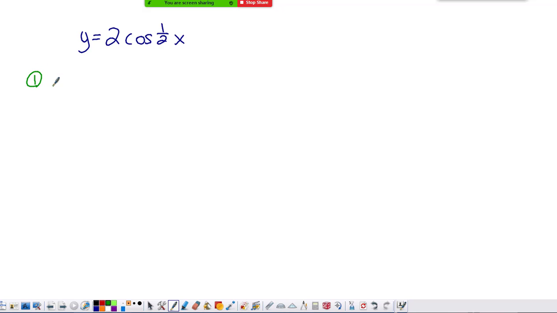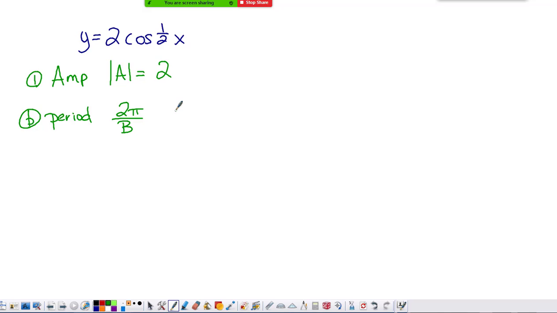So the first thing we always like to find is the amplitude. Amplitude is the absolute value of A. So what's that going to equal for us? 2. Yep. And then B was for finding the period. To find the period, we do 2 pi over b.